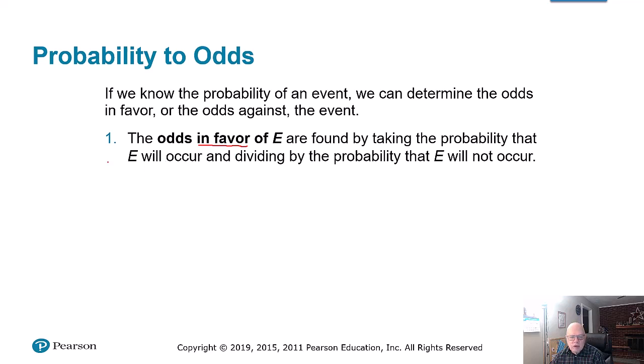This one will be the probability of E occurring divided by the probability that E will not occur. Odds. Will to will not.